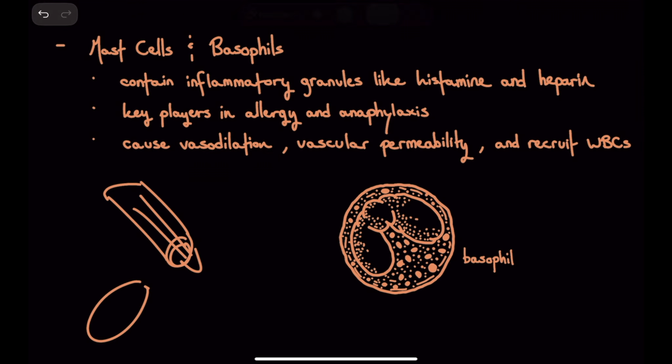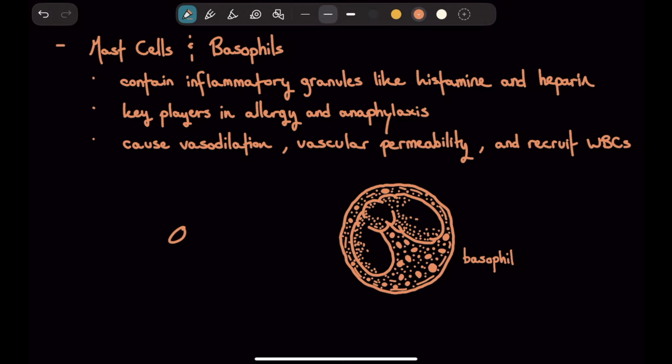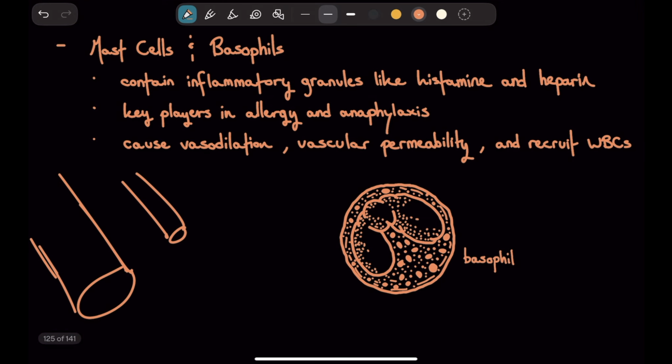So let me get rid of this. Let me try this drawing again. So vasodilation, you have a blood vessel. Now it's much bigger. So the problem with that is a bigger vessel, that's going to drop blood pressure and just increase flow. And if it's to somewhere that we don't need, or sending fluid to somewhere we don't need, then that can increase swelling, congestion, that kind of stuff.